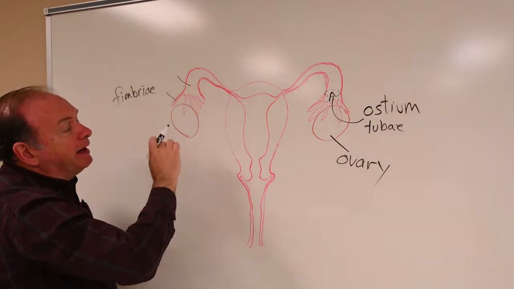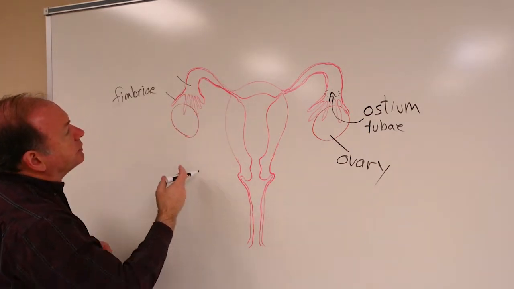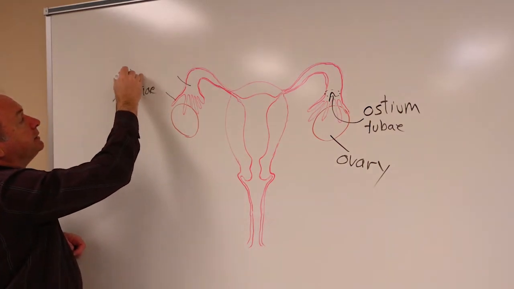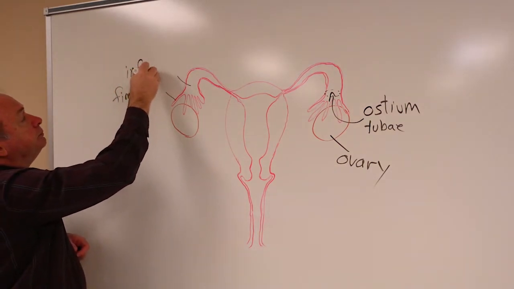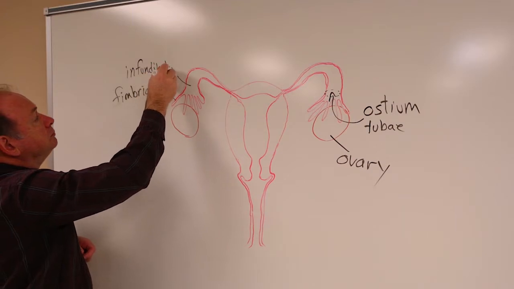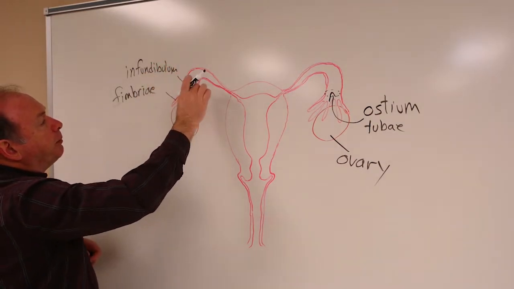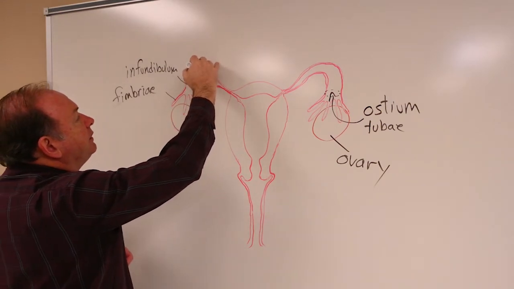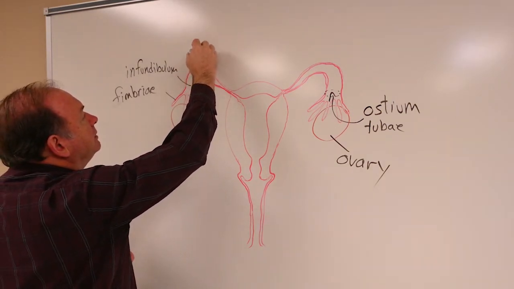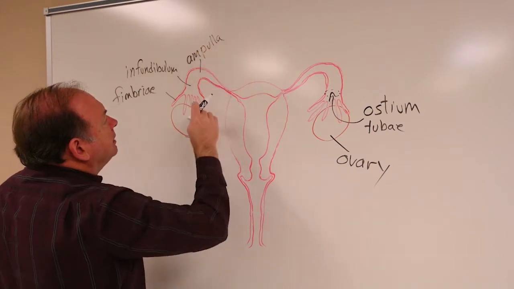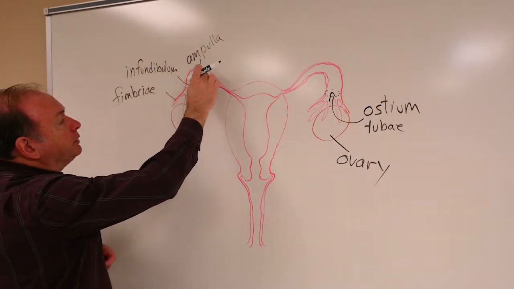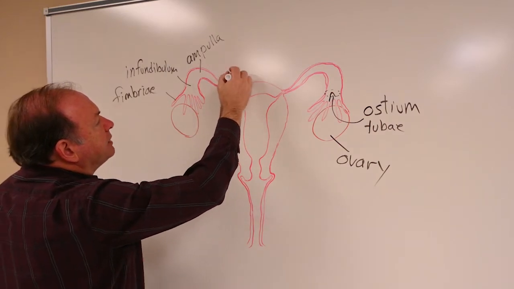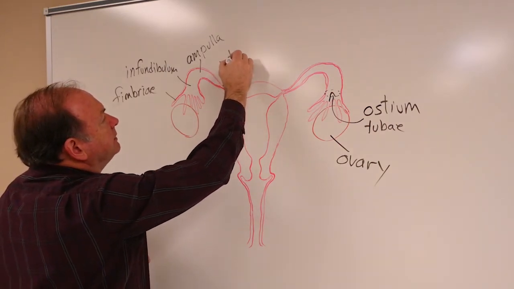The oviduct is divided into 4 general parts. There's no discrete lines separating them, but this first one here is called the infundibulum. It's more of a funnel type part. Then there's a thicker part leading through here. This is referred to as the ampulla. So it's a little bit wider for a bit, and then it narrows in this section right here, and where it's narrowed, it's called the isthmus.